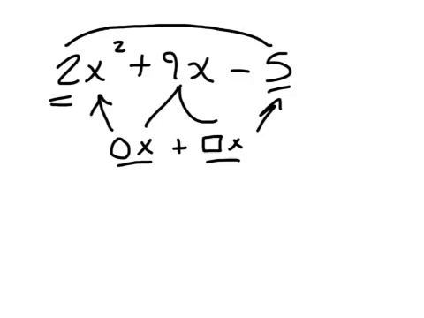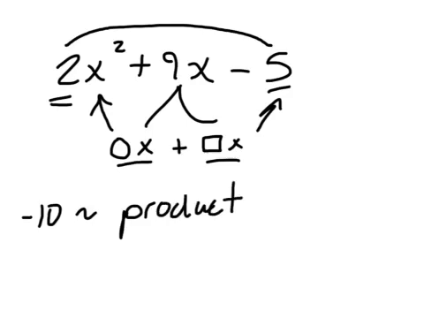So 2 times -5 is -10. So one condition that we have, or condition number 1, is that our product is -10, and then the other one we talked about was that the sum needs to be +9.